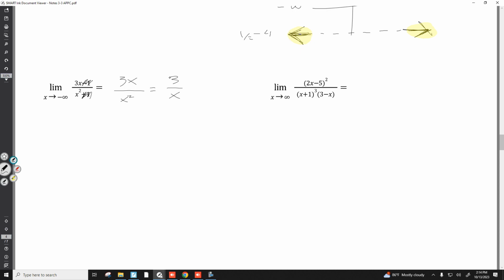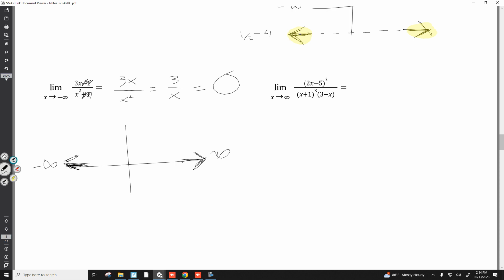This fraction is going to get smaller and smaller until it approaches 0. We won't care about if it's approaching 0 from the negative side or the positive side. That's what sign charts are for. We will then understand that my arrows to the left and the right are approaching y equals 0.